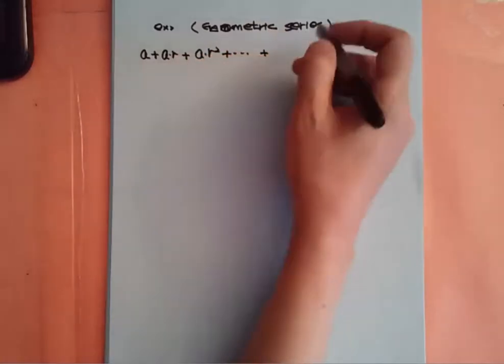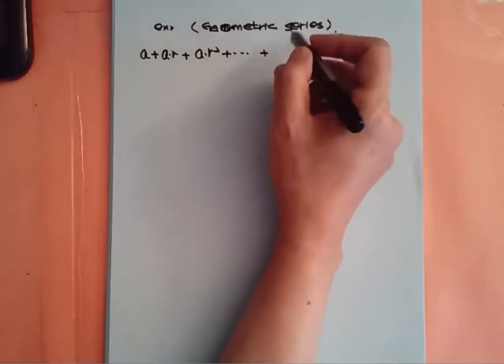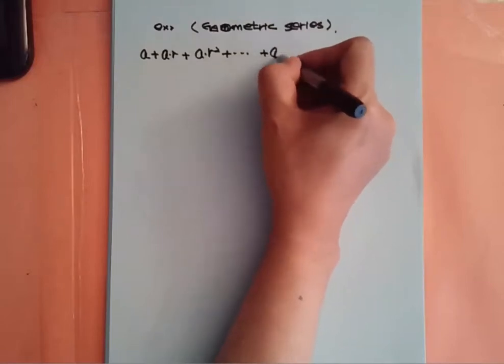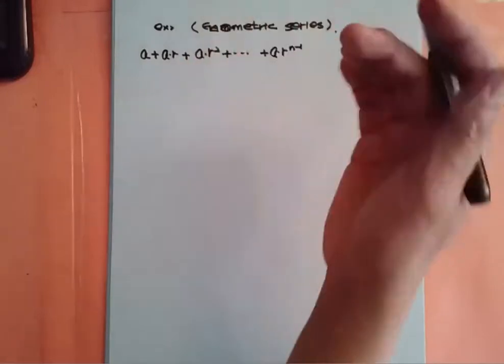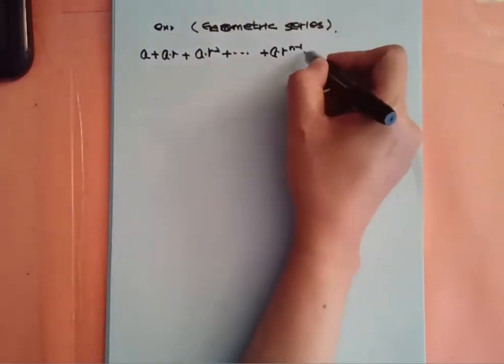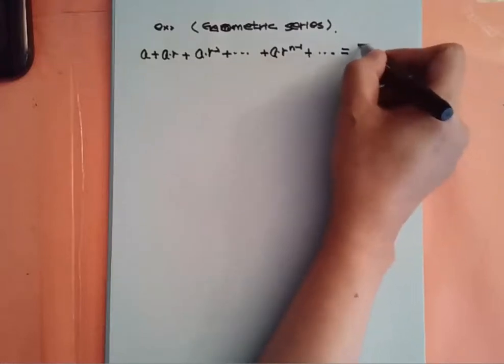When we think about the geometric series, the sequence has a ratio r, and we get the next term by multiplying by r.